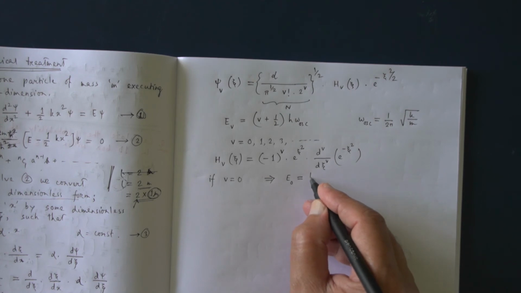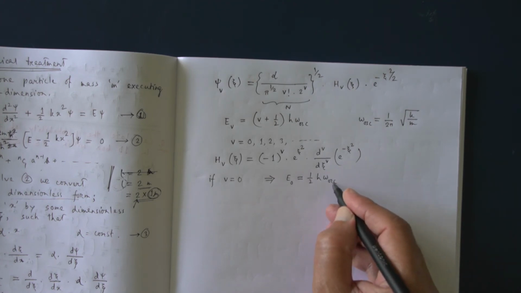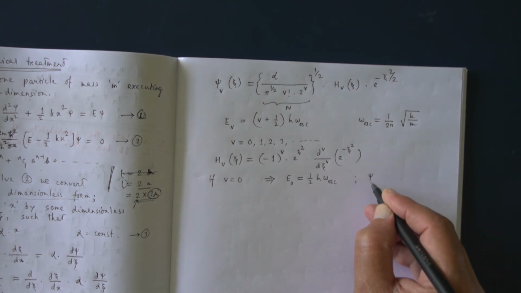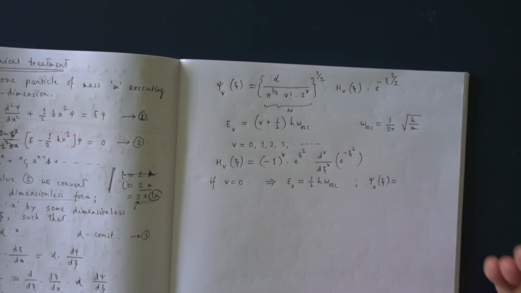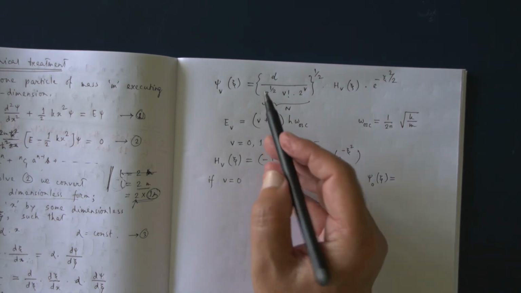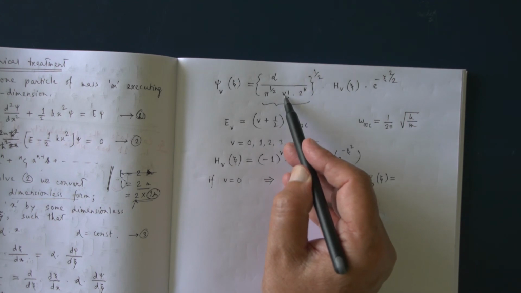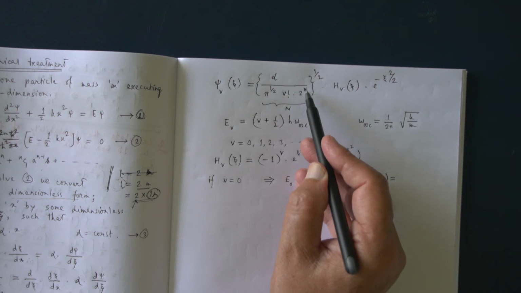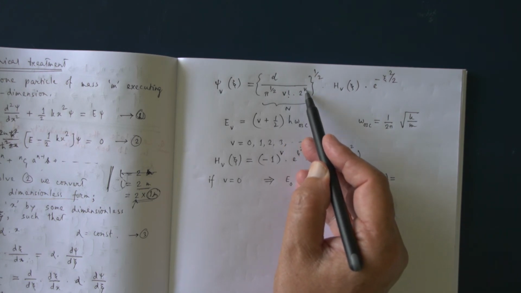The energy is equal to half h omega oscillation. Correspondingly, we get one wave function psi 0 of xi. So what is the value? The value is alpha by pi to the power half, factorial 0, which equals 1, 2 to the power 0, which is 1, whole to the power half.